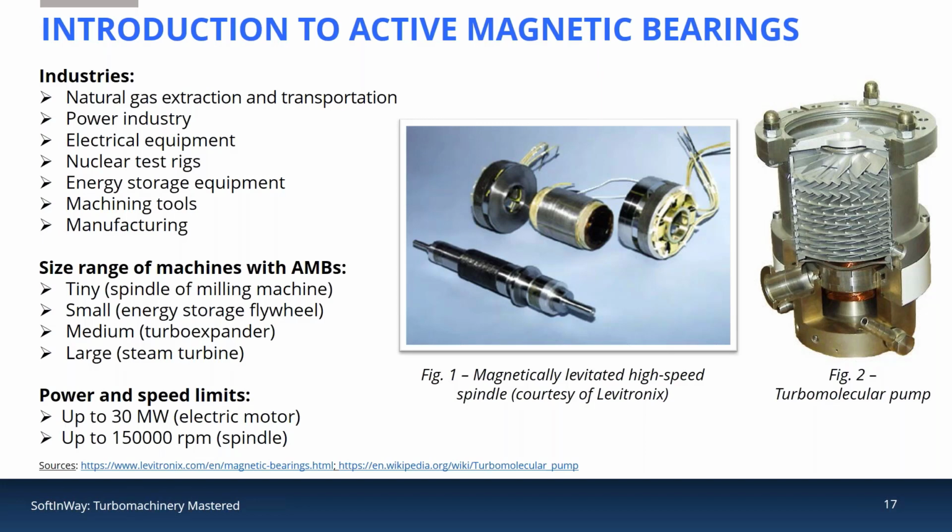They are used for natural gas extraction and transportation systems in compressors, turbo expanders, and expander compressor units, for power industry in steam and gas turbines, for electrical motors, for some specific applications where the other types of bearings are inapplicable, for example, a nuclear ultracentrifuge, an energy storage flywheel, machining spindle, turbomolecular pump, etc. The size range of machines with AMBs varies from very small to big applications with power and speed limits of 30 megawatts and 150,000 RPMs.